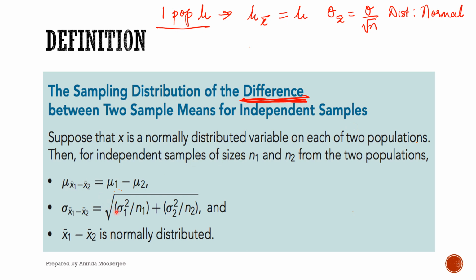When we work with a particular sample, most of the time, in 99% of cases, we will not know the population standard deviation. When the population standard deviation is unknown, we use the sample standard deviation. So you will see these sigmas replaced by the s values, s sub 1 and s sub 2, and we will go through that in the later slides.